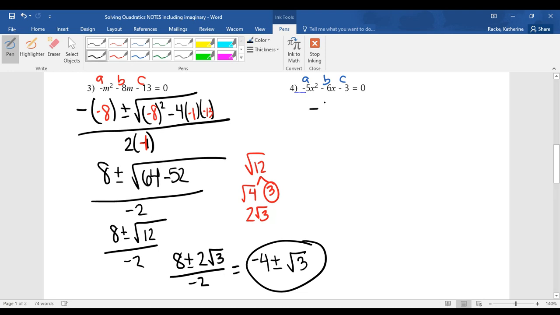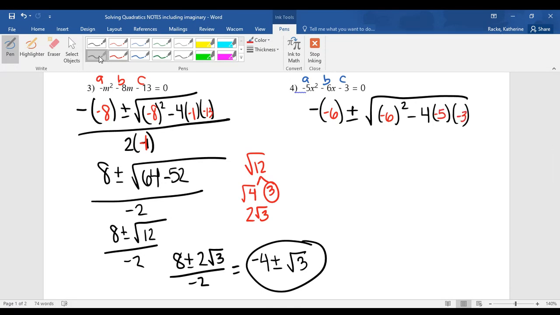So negative B, which is a -6, plus or minus square root of B squared, -6 again, minus 4AC. Plugging those in, my A is -5 and my C is a -3, all over 2A, which is a negative 5.